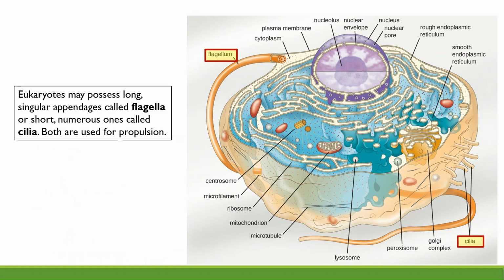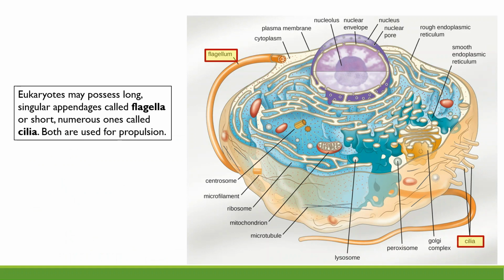Like bacteria, eukaryotes may possess flagella, but usually just as long singular appendages. They also have short numerous appendages called cilia, and both of these can be used for propulsion. So here we can see the little cilia coming off compared to these longer flagellum.